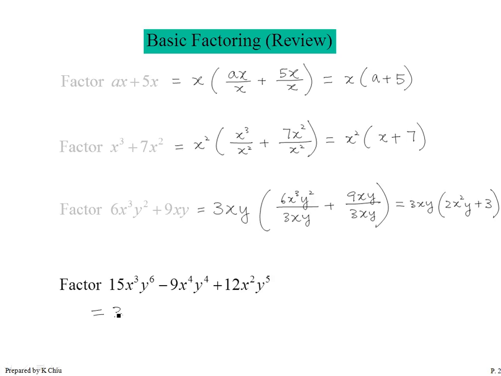X cubed, x to the 4th, x squared. What do they have in common? X squared. How about the variable y? Y to the 6th, y to the 4th, y to the 5th. Y to the 4th. We are looking for the smaller exponent. So now that is the GCF.